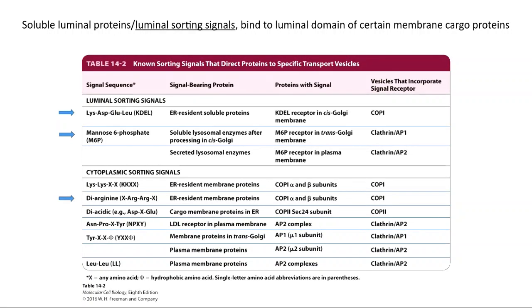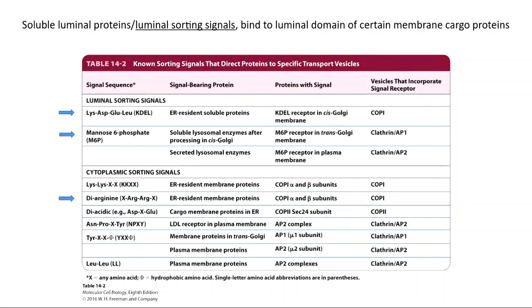Now, this whole chart, do we have to remember all of these? Not really. We need to know a few specific ones, especially the KDEL, because we have a whole description of KDEL. M6P is extremely important. We'll see later on why. We have already discussed diacidic sorting signals. Diarginine sorting signals also become important.